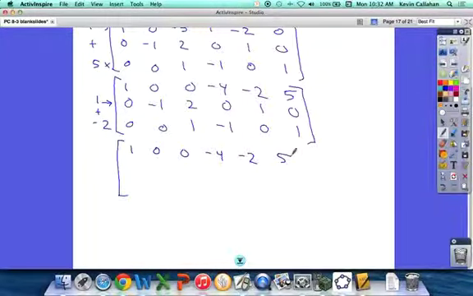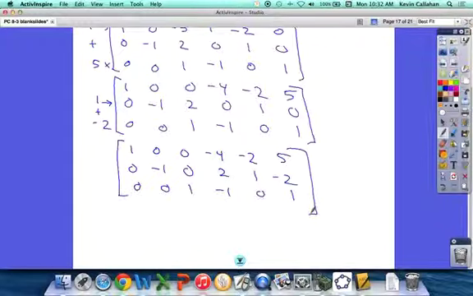And for the second row, 0 plus negative 1, negative 2 plus 2 is 0, positive 2 plus 0, 0 plus 1, negative 2 plus 0, and the last row stays unchanged, 0, 0, 1, negative 1, 0, 1.